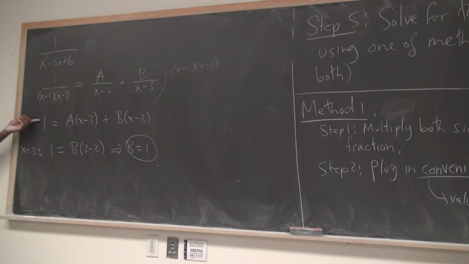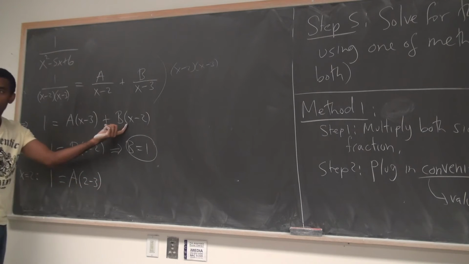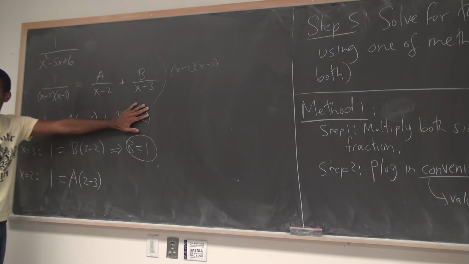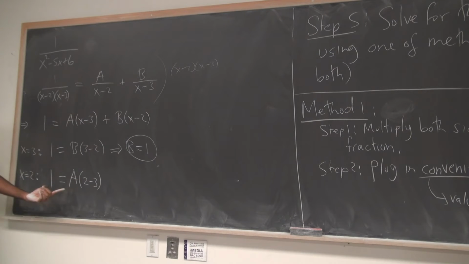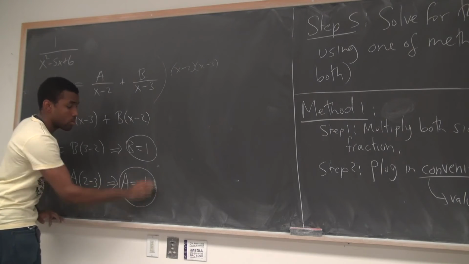Another convenient value is 2. Plugging in x equals 2, I get 1 on this side. The B term dies, leaving A times 2 minus 3. So minus A equals 1, which means A equals minus 1.